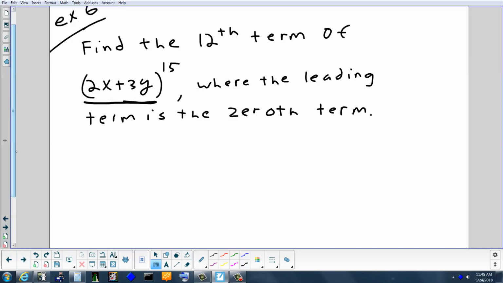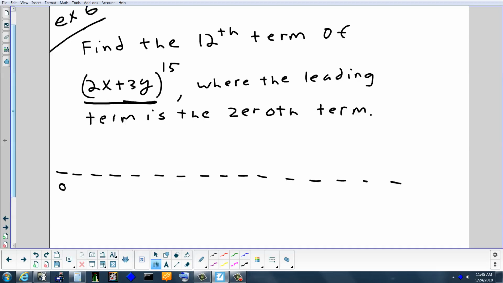So to keep track of what I'm doing, I'm going to put 16 little dashes on the screen so I can circle the one I want. So there'd be 16 terms. I want to know the 12th one. But when we start the counting, we always start with the 0th term.